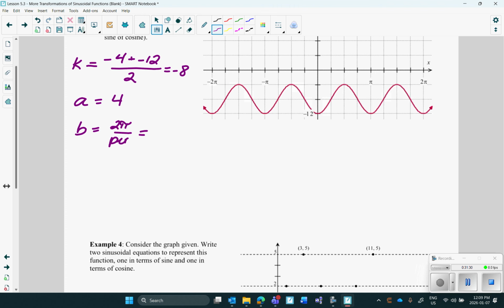For example, if I look at this cosine, 4 notches is pi, which means 1 notch is pi over 4: 1 pi over 4, 2 pi over 4, 3 pi over 4, 4 pi over 4. It doesn't matter whether I choose sine or cosine, it's going to be the same. So it's 2 pi over pi, which is 2.